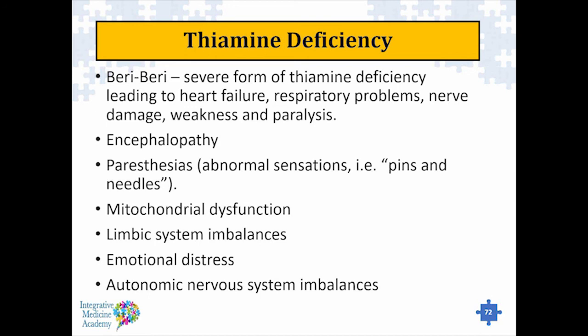But we know that thiamine deficiency could also be a contributing factor to mitochondrial dysfunction. It's been shown to impact the limbic system, which is very much involved in emotional control. Something I see a lot in the autism population is emotional imbalances that sometimes are improved by thiamine supplementation.